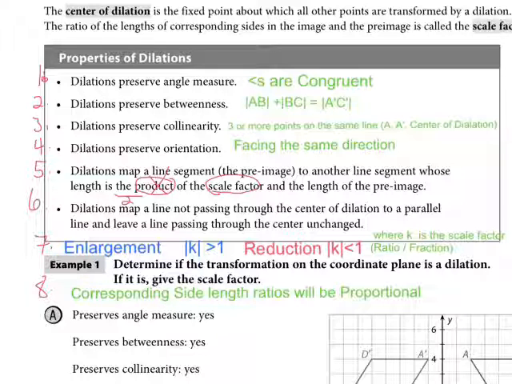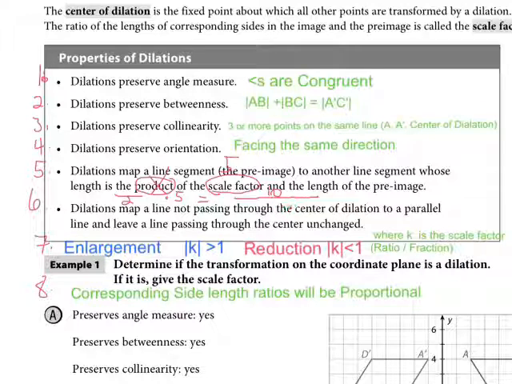And let's say my scale factor is 5, for example. Then 2 times 5 would give me now a segment length that measures 10. That's just a simple example. So this is just saying that if you take your pre-image and you multiply it by the scale factor, you will have your new length, which would be 10.